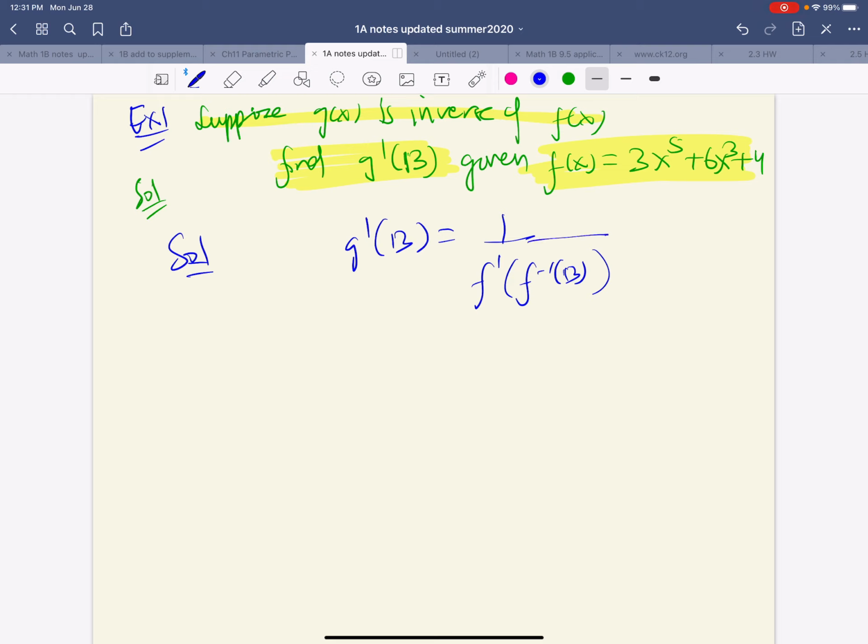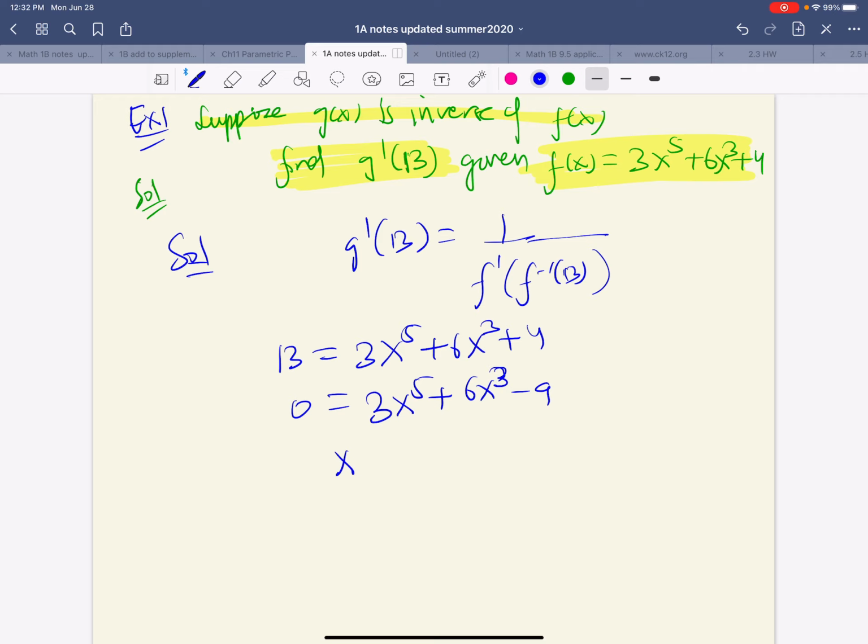All right, so let's go ahead and find f inverse of 13. When the y value is 13, we need the x value, so 3x to the 5th plus 6x to the 3rd plus 4 equals 13. Let's take everything to one side, so 3x to the 5th plus 6x to the 3rd plus 4 minus 13 equals 0. Let's go ahead and solve it.